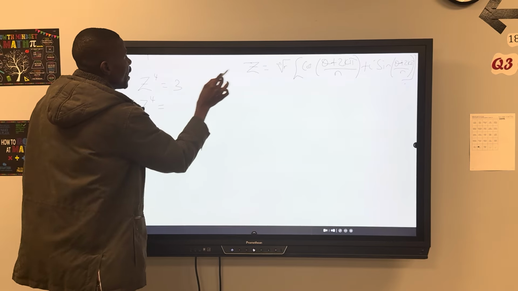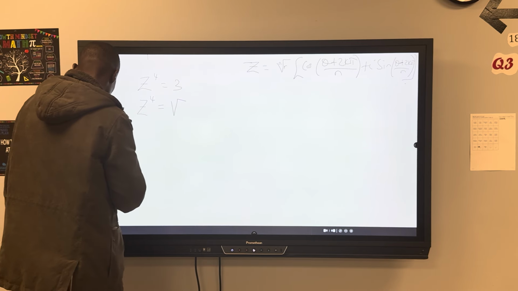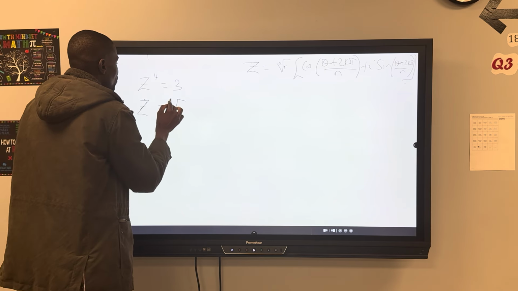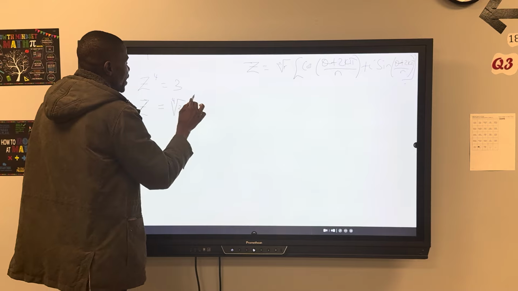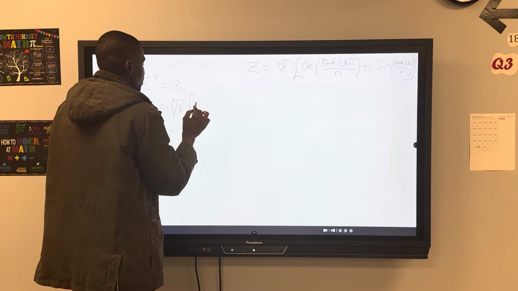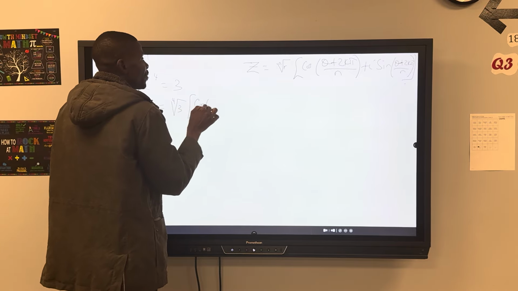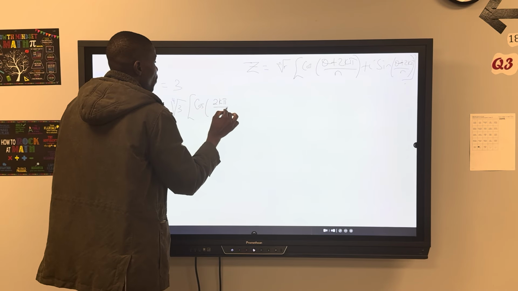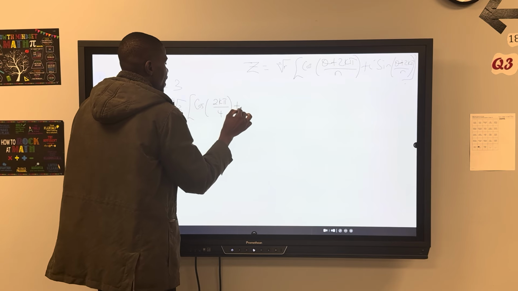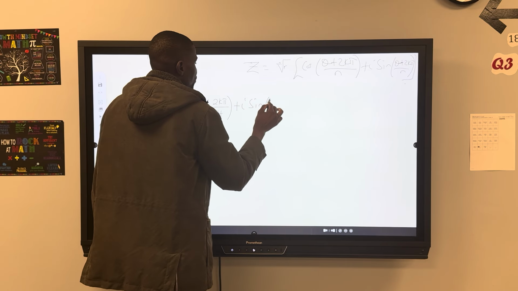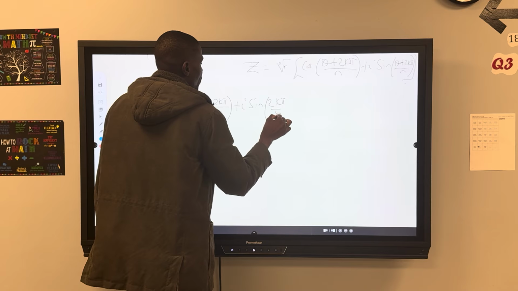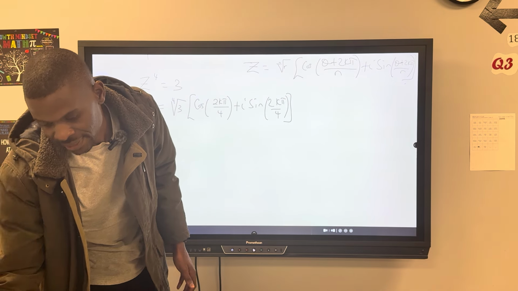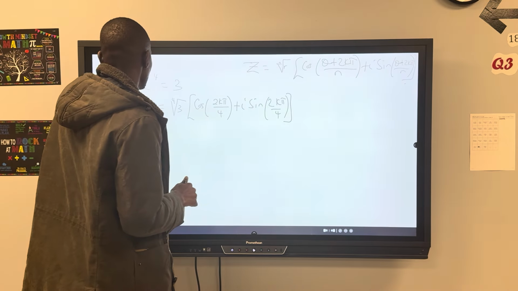Here my r is 3, so z is equal to the 4th root of 3, then cos, and since my theta is 0, it's just 2k pi over 4, plus i sine 2k pi over 4. Here I'm going to express it to two significant figures.